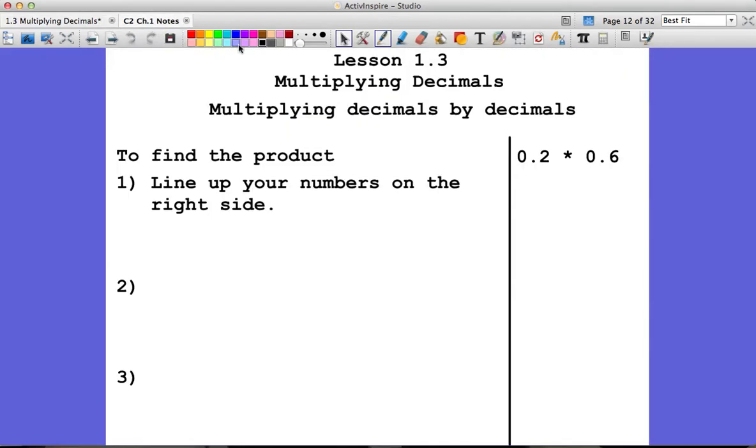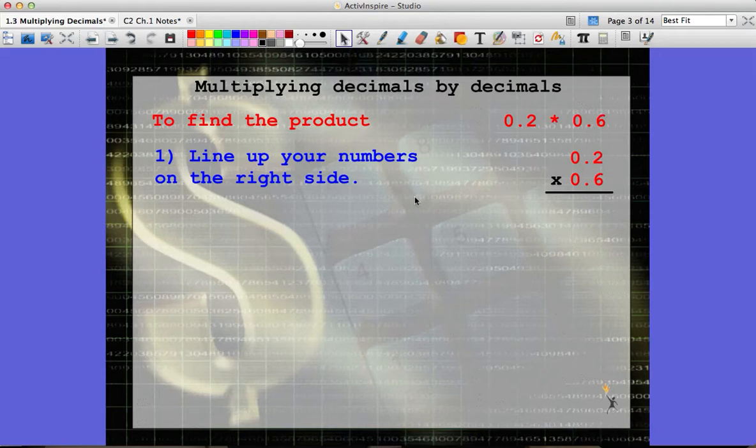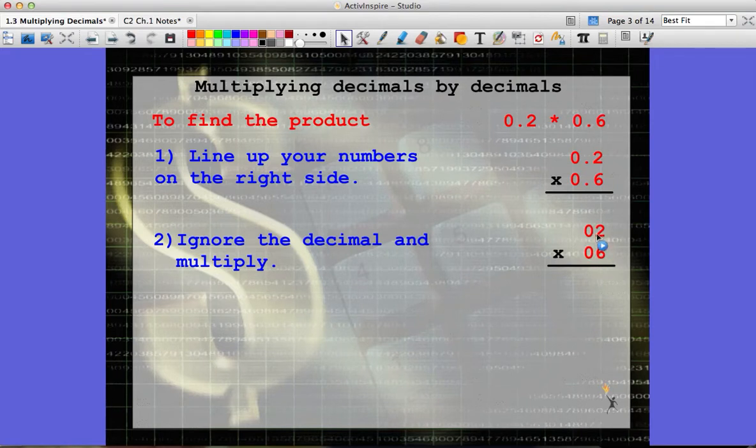Okay, and make sure as you're doing this, you're writing in your examples each step as we go. So here's step 1, then you're going to need step 2. Step 2, ignore the decimal and multiply. So basically take out that decimal and multiply.